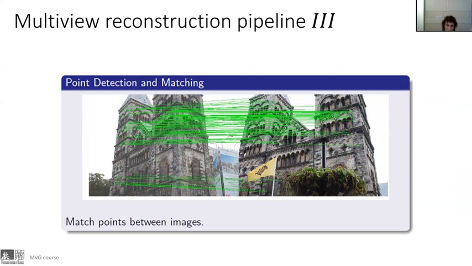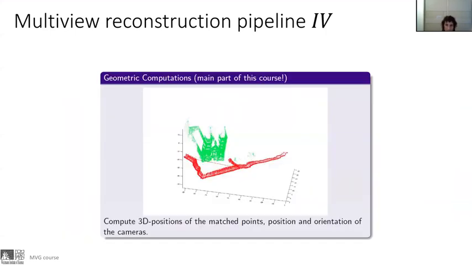Finally, when you have the matched points, you are able to compute the 3D position of these points and also the position and orientation of the cameras. The last part of the pipeline, the fourth part, is the main part of our course. We are not going to deal with point matching and the detection of key points.